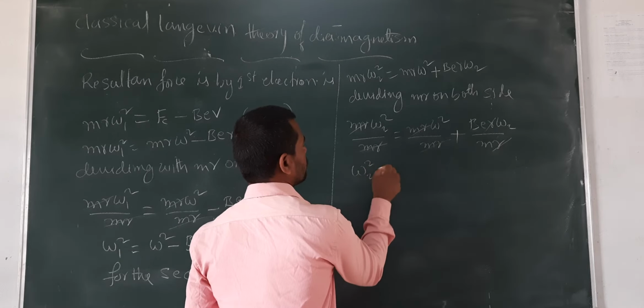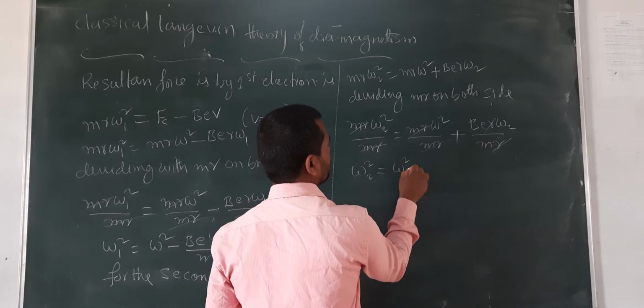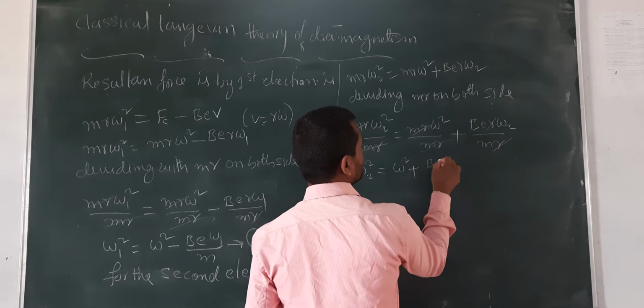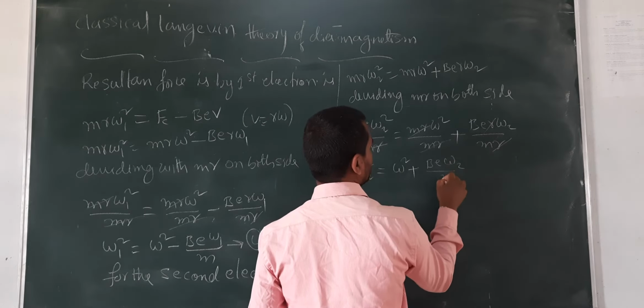So omega 2 square equals omega square plus B e omega 2 by m. This is equation 2.